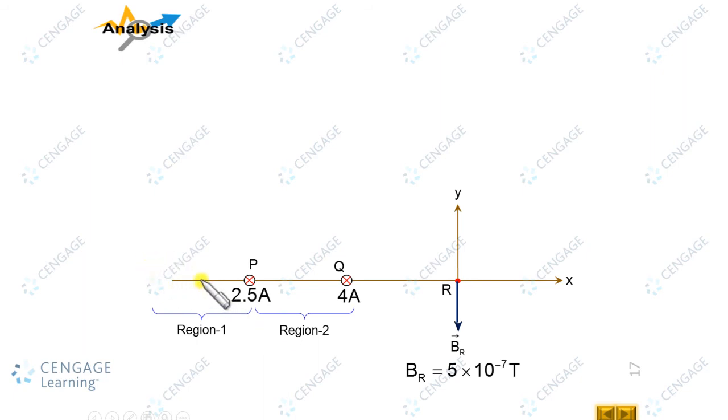Now if we place the wire in region 1 or region 2, the resultant magnetic field cannot be 0. Why? Because the current in wire Q is greater than the current in the third wire. The current in the third wire is given as 2.5 ampere. So we cannot place the wire in region 1 and region 2 because the net magnetic field at this point cannot be 0, since this 4 ampere is greater than the current to be placed at region 1 and 2.